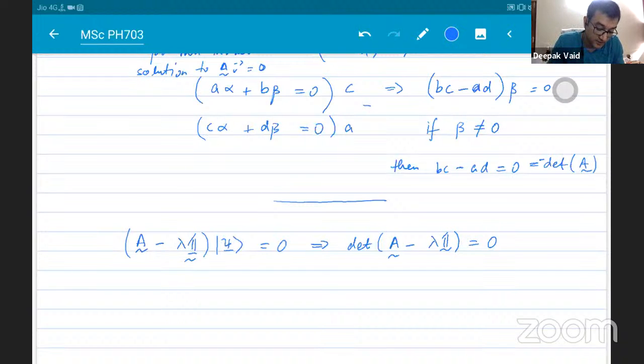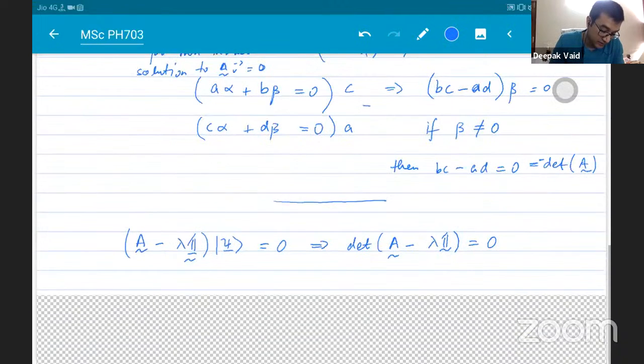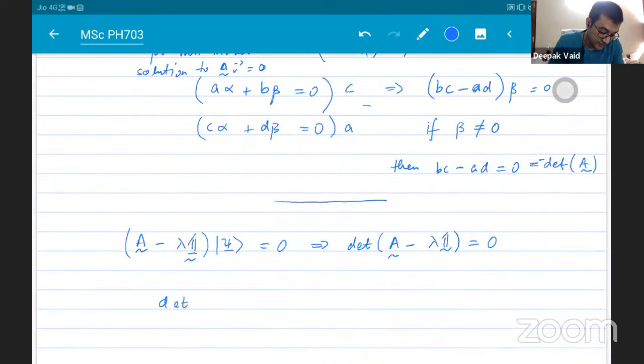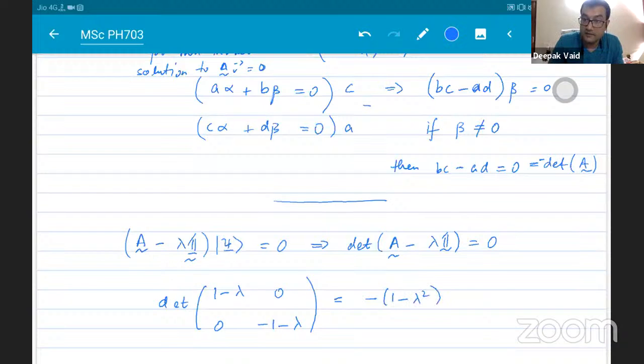Then what is this determinant? Well, what is this matrix? In our case, it's 1 minus lambda, 0, 0, minus 1 minus lambda. What is the determinant of this? It's just this times this. So that's minus 1 minus lambda squared, and this has to be equal to 0.